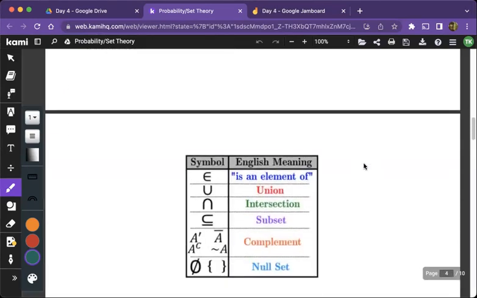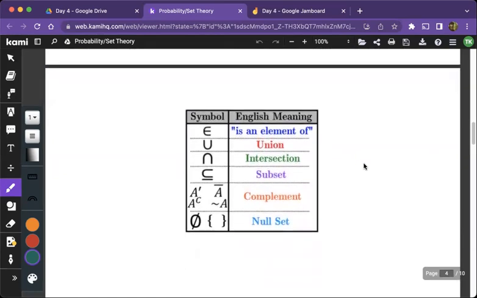So here are some new symbols that we're going to be learning about. Please write the English meaning of each. The ∈ off to the side means an element of. So an example is the number 1 is an element of whole numbers because 1 is a whole number.